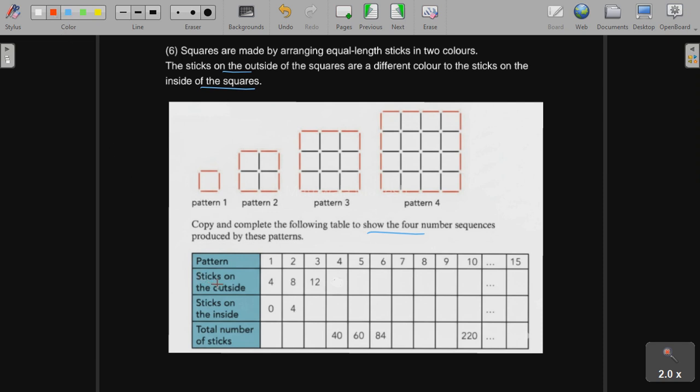First one, you can see the sticks on the outside. How many sticks on the outside? It means the red color. It is 4. In the next one you can count 1, 2, 3, 4, 5, 6, 7, and 8.